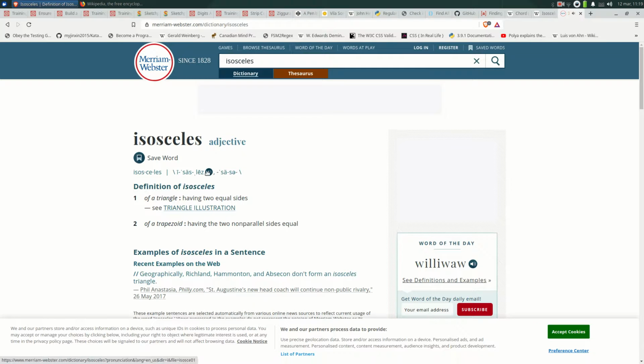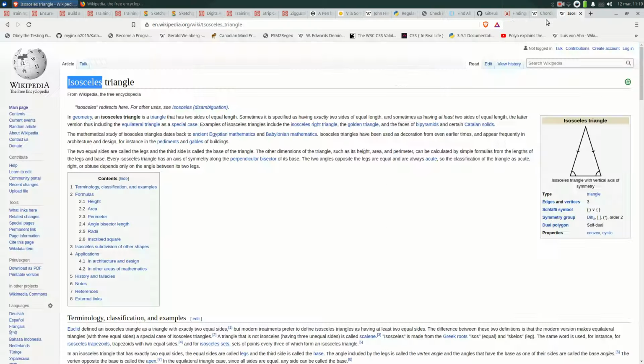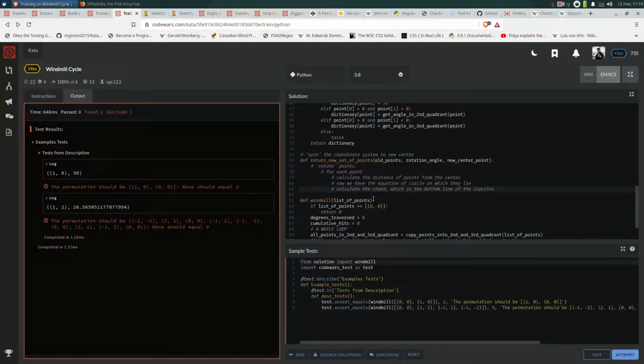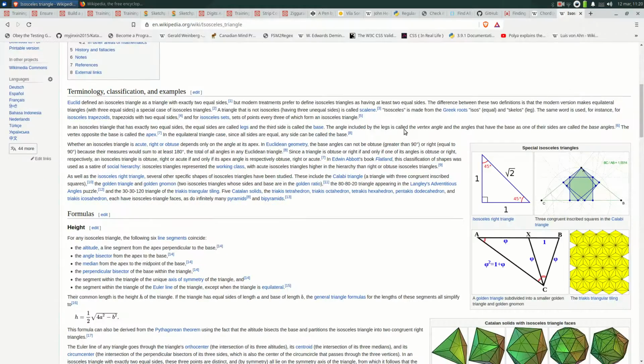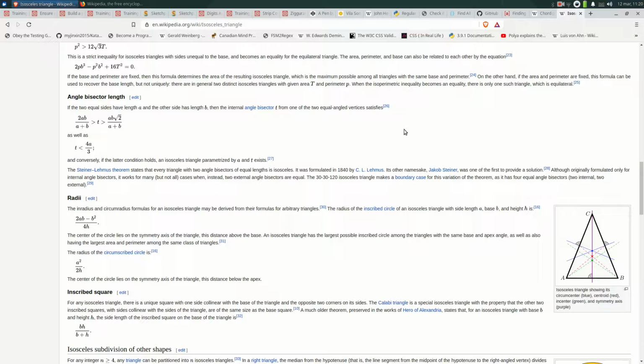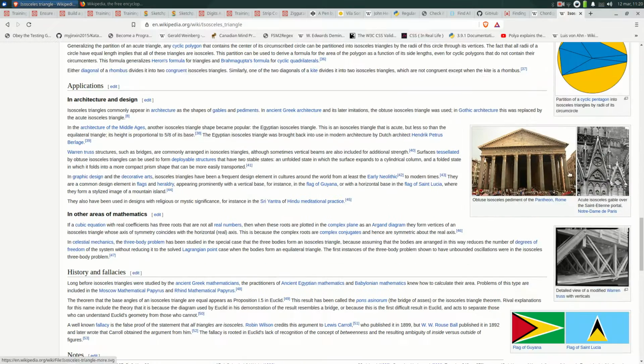Isosceles triangle. Thank you, Merriam-Webster. Calculate which is the bottom line of the isosceles triangle with its top angle known.